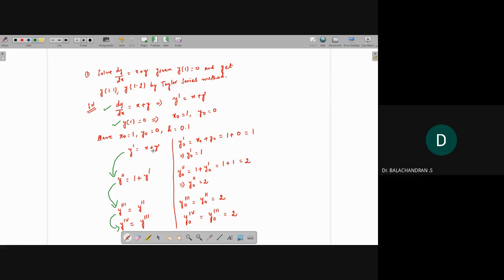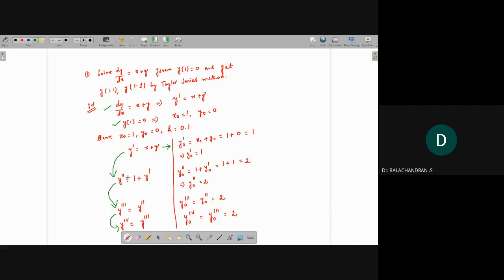Now correspondingly you need to find y naught dash. Y naught dash is equal to x naught plus y naught. X naught is 1, y naught is 0, so y naught dash is equal to 1.